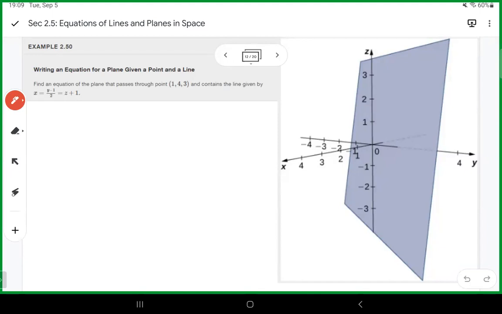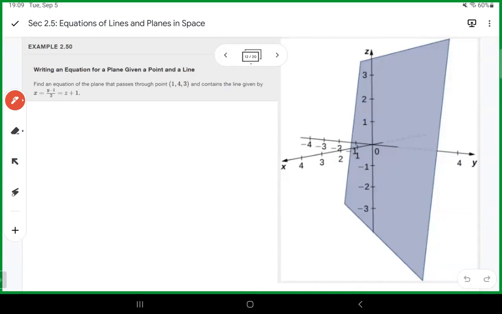The symmetric equations describe the line that passes through the point 0, 1, negative 1, parallel to the vector v1, which is 1, 2, 1. Check out the figure. So we're going to use the point and the given point, 1, 4, 3, to identify a second vector parallel to the plane.